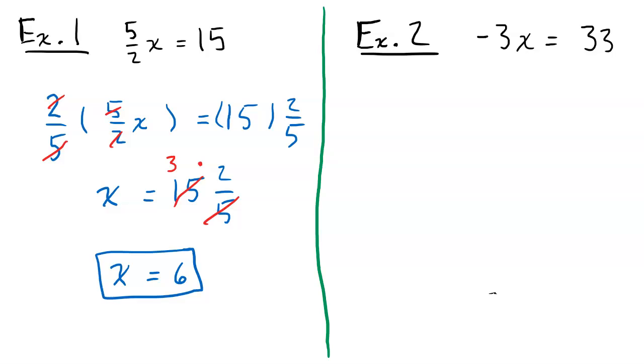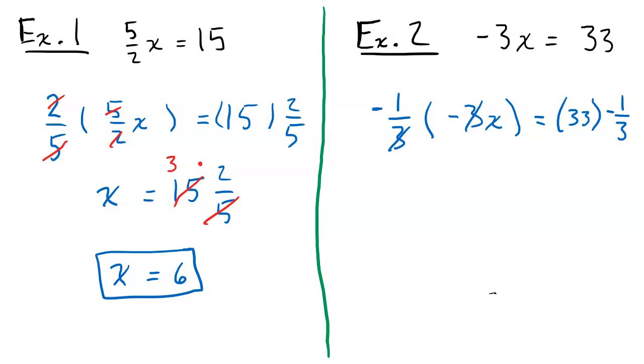So if we look at -3x, we're going to multiply it by -1/3. So we have -1/3 times -3x, and on the right-hand side, 33 times -1/3. Doing the canceling, this becomes positive times positive, so we're left with x on the left-hand side.